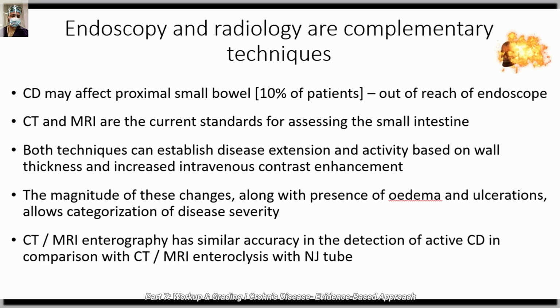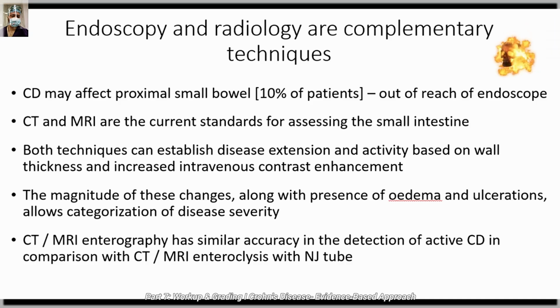CT and MRI enterography have similar accuracy in detection of active Crohn's disease in comparison with CT or MRI enteroclysis with NJ tube. So there are two terms, one is CT enterography, one is CT enteroclysis.